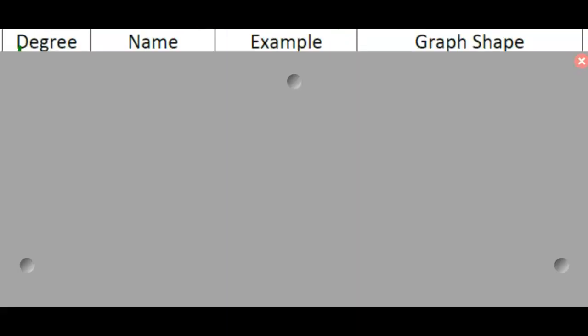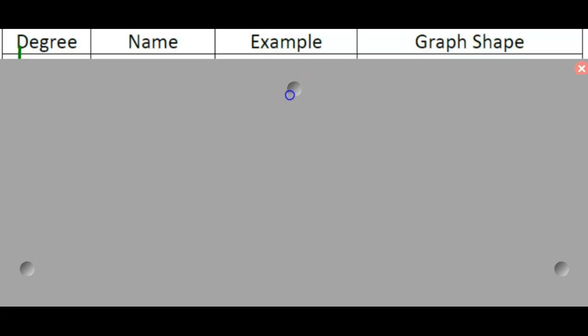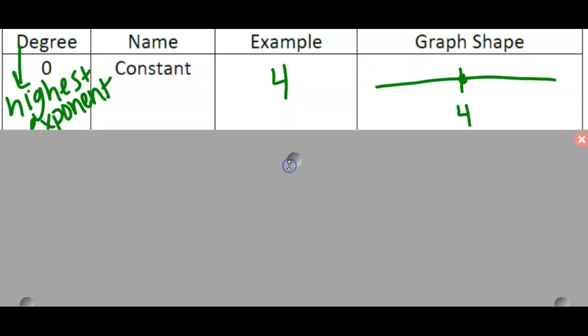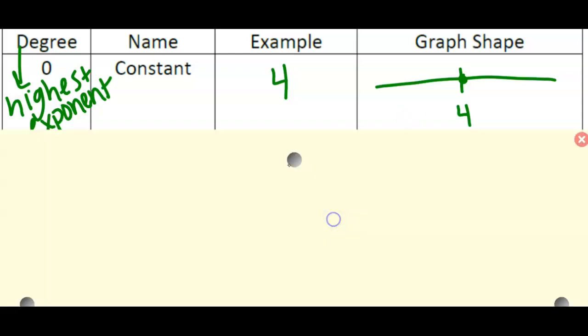So we've got a couple different things we want to talk about. When we're talking about polynomials, we're looking at how big they are. Okay? And that is defined by our degree. Our degree is told by our highest exponent. So there's 0 exponents, theoretically, because there's an imaginary one on here, but there's 0 exponents on a constant, right? So the number 4 is graphed as just a point, right?